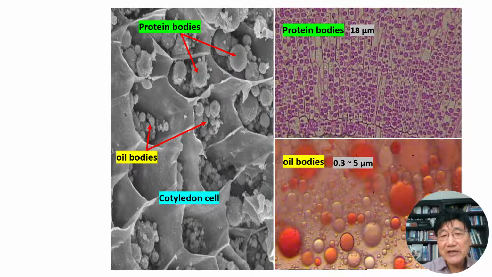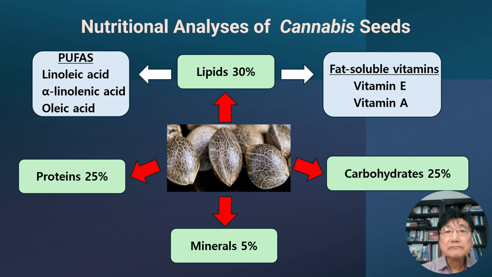The right photos show the histochemical staining of the protein bodies, and the bottom photos reveal numerous bigger and smaller oil bodies stained with Sudan III. Cannabis seeds contain 25% protein, 30% lipids, 25% carbohydrates, and 5% minerals.